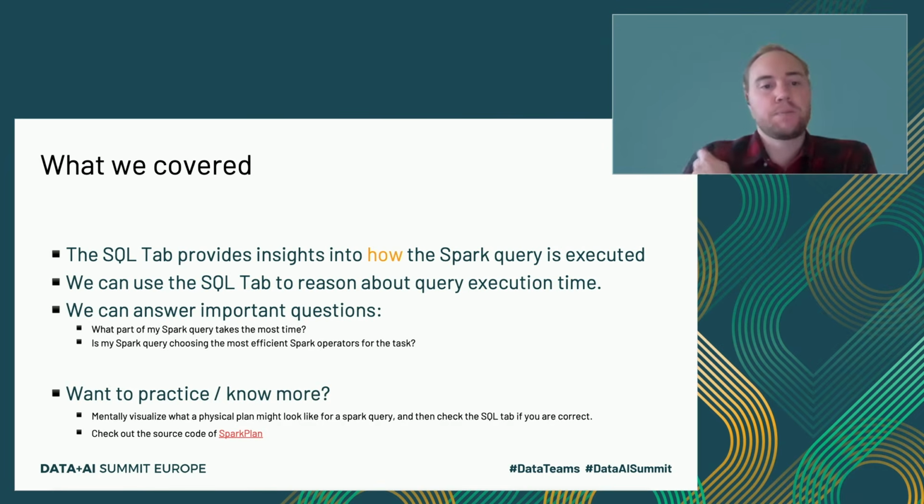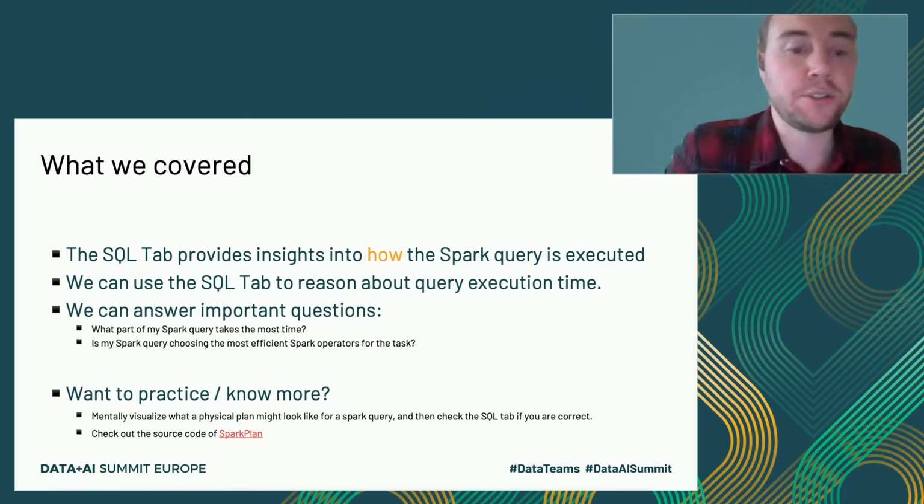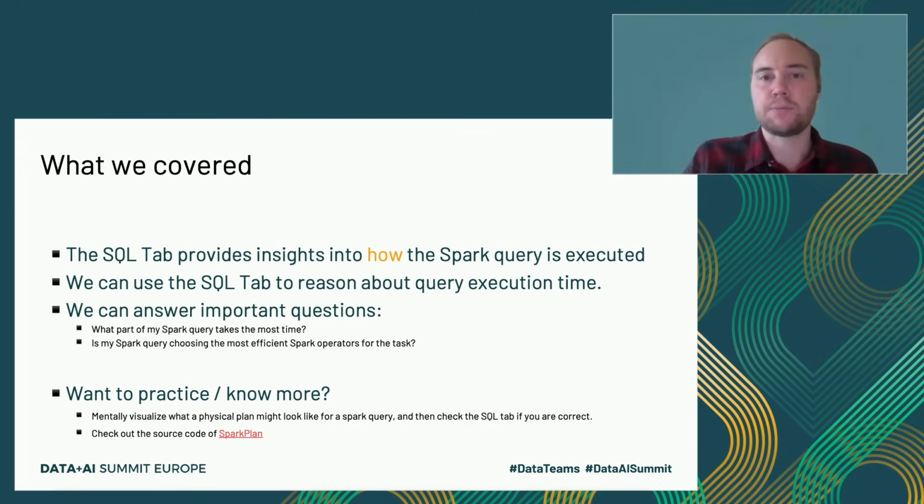If you want to practice or know more, there are a couple of tips we can give you. What we typically suggest is that whenever you write a Spark query or a data frame query, you mentally visualize what the physical plan would look like without looking at the SQL plan. Then look at the SQL query plan and compare whether you were correct. And if you are not, try to reason about why that is.